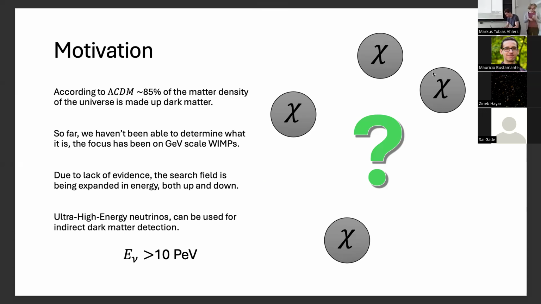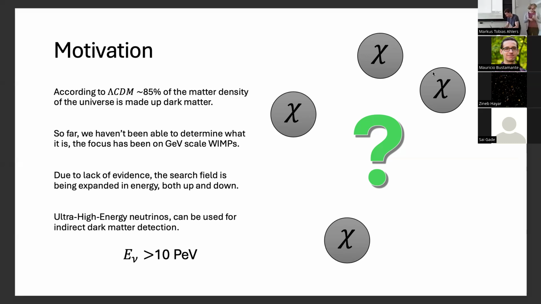Well, as we've heard earlier this week, in the lambda CDM model about 85% of the matter density of the universe is dark matter, which we haven't found.